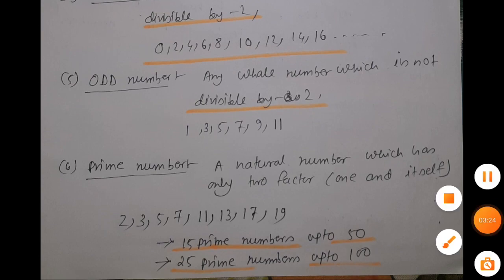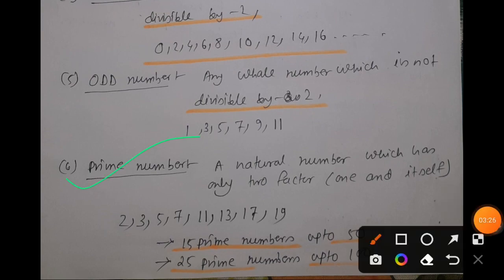Now what do you mean by prime number? A prime number is any number which has only two factors, okay? That means it can be divisible by two numbers. So what are those numbers? One is the number itself and the other one is 1, okay?